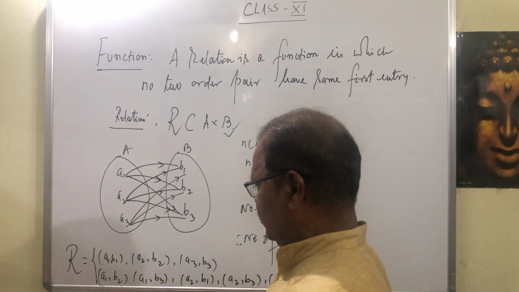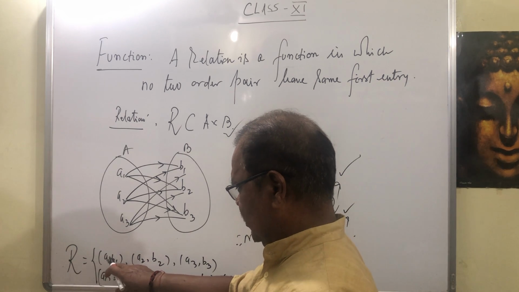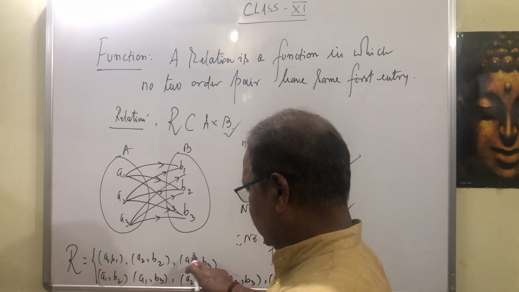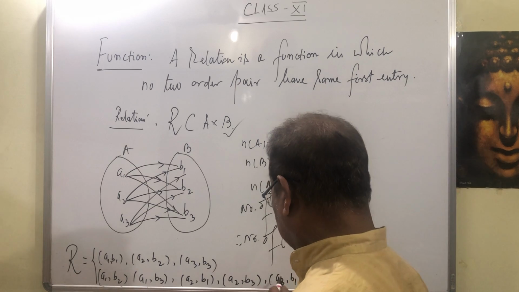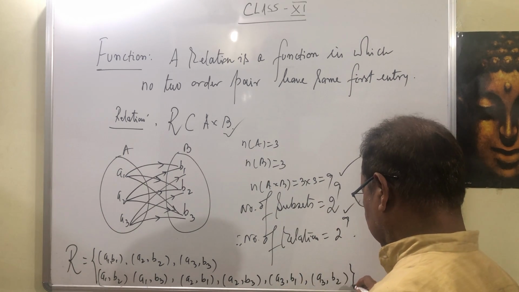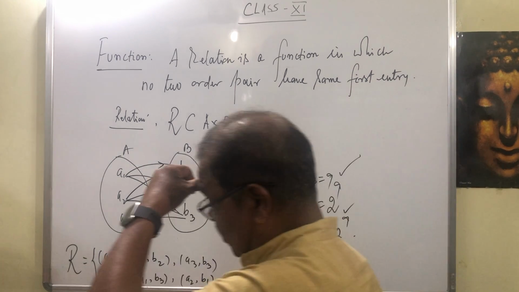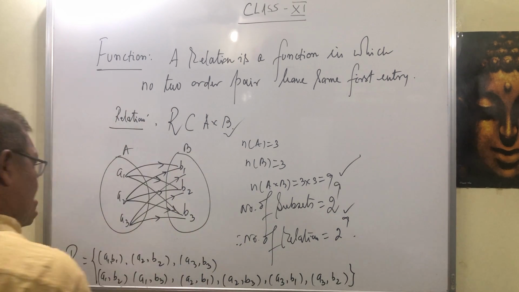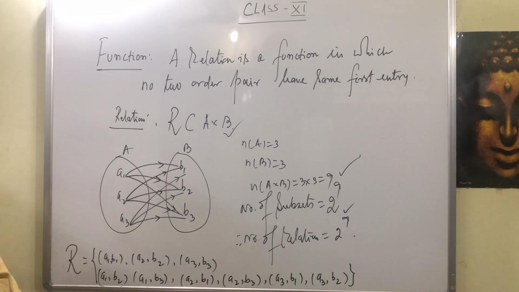Let us count the number of order pairs: 1, 2, 3, 4, 5, 6, 7, 8, 9. So 9 order pairs are there. So this is the Cartesian product of the two sets A cross B. Since R is a subset of A cross B, this is one relation.